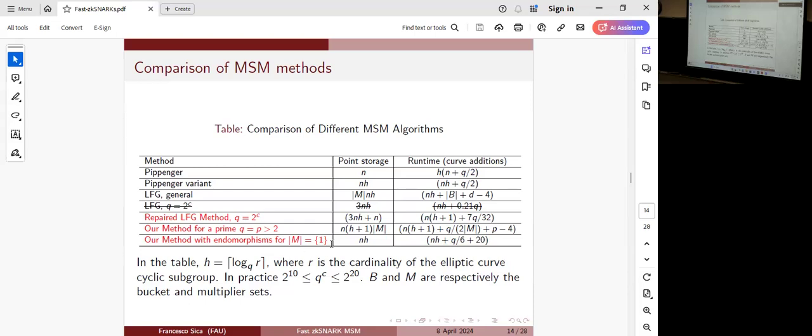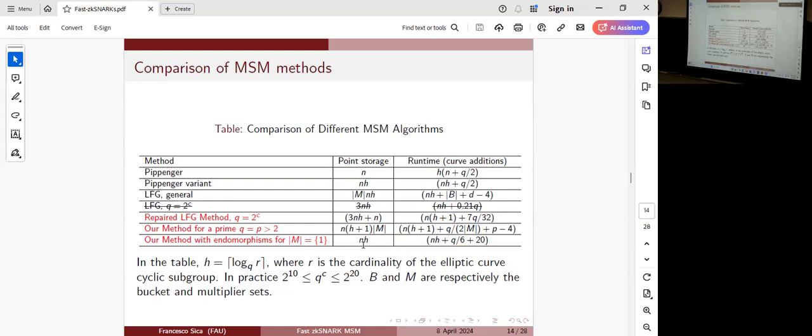And finally, one thing that we also discover is that if we use the endomorphism of the elliptic curve, so I will explain that the particular elliptic curve that is used for zkSNARKs, so this j equals 0, the j invariant 0 elliptic curve, has a particular endomorphism that can be used to reduce the point storage.